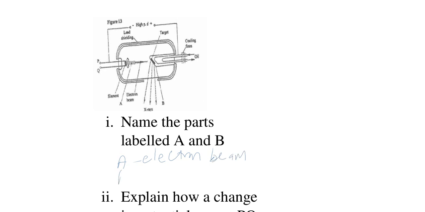Then B is at this point on the other side of the target, and this is the anode. So B is the copper anode.